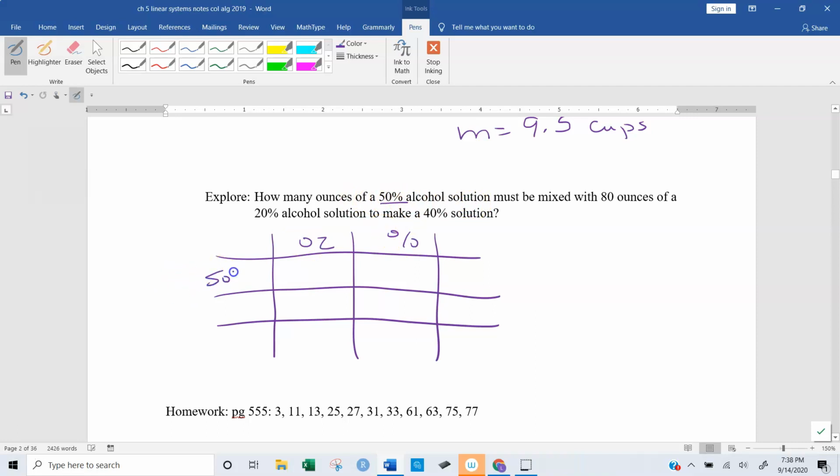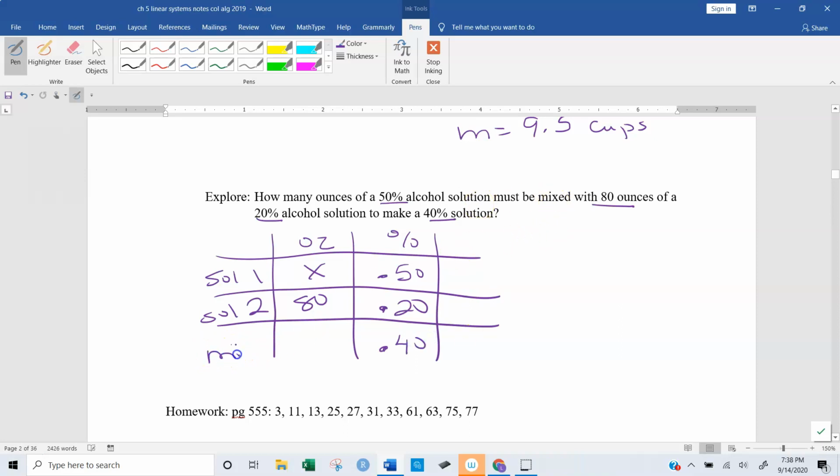So this is solution 1 and it is 50%, so 0.5. Must be mixed. I don't know how many ounces, put an X there. With 80 ounces, so I got 80 ounces of this one. 20% solution, 20% here. This is solution 2. To make a 40%, I want to make 40%, so this has to be 40 here.